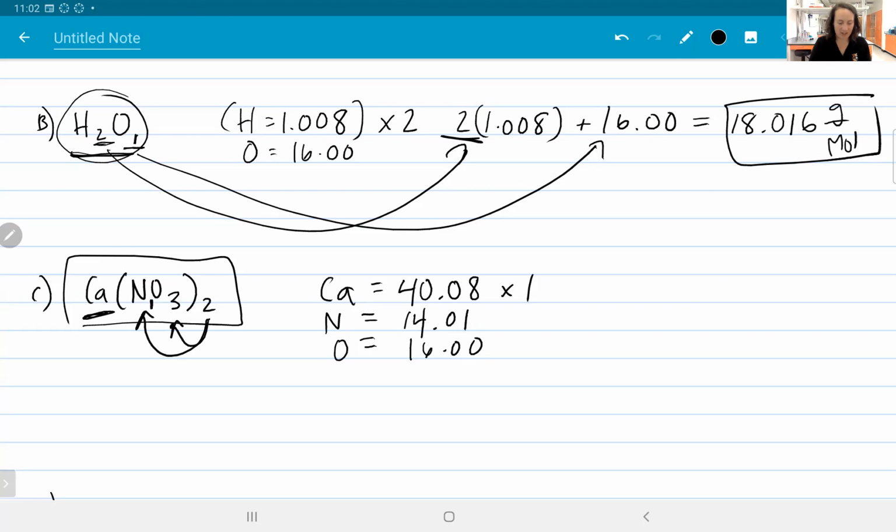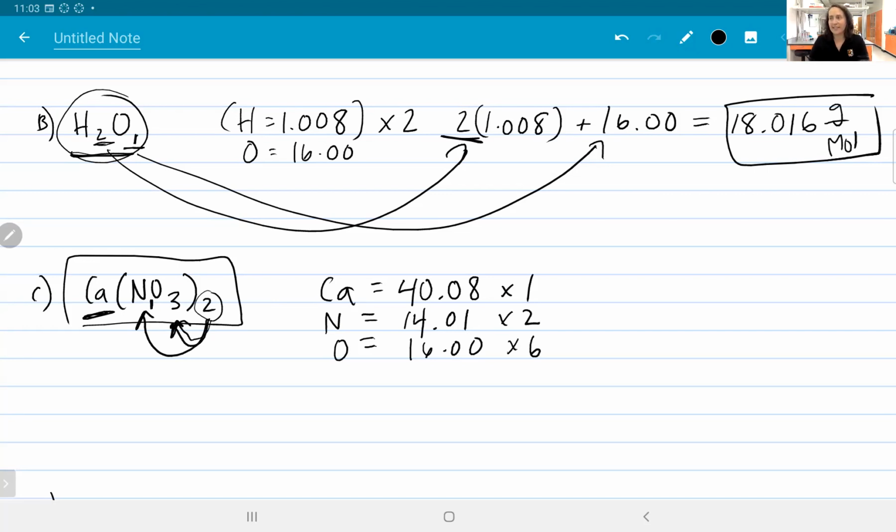There's only 1 nitrogen in a nitrate anion, NO3, but because I have this subscript of 2 to multiply out, I really have 2 nitrogens in one molecule of calcium nitrate, and I have not 3, but 6 oxygen atoms. So it's 2 times 3, which is 6.